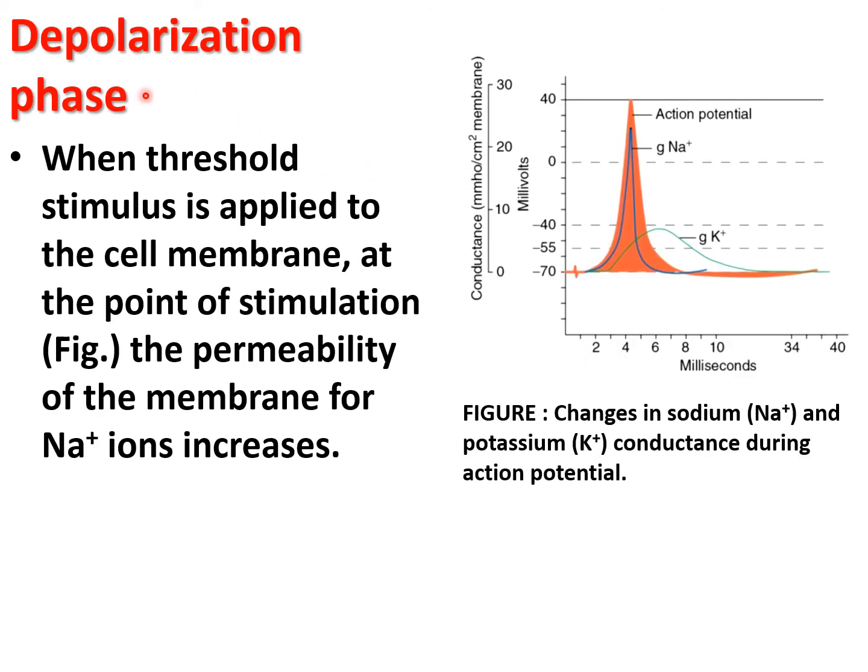Then the depolarization phase. When the threshold stimulus is applied to the cell membrane, at the point of stimulation the permeability of the membrane for the sodium ion increases. At first the rise of the permeability for sodium is slow, and then it reaches the firing level.